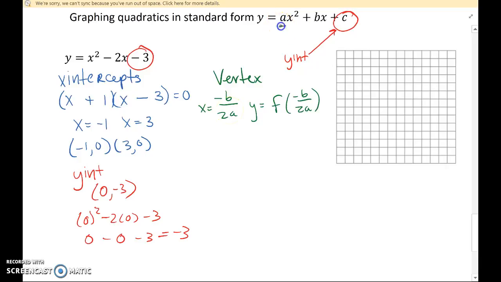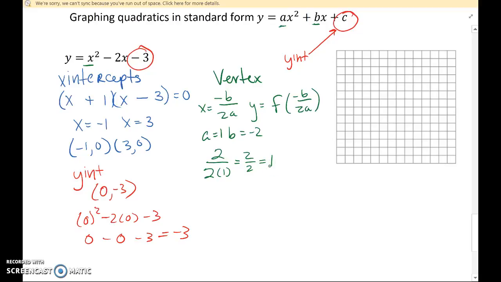And so it's important that you can identify what your a and b are in your equation. And here, my a, being that there's nothing in front of x squared, we know our a equals 1, and our b equals negative 2. So the opposite of b, since b is already negative, we'll make a positive 2 over 2 times a, which is 1, and 2 over 2 equals 1.